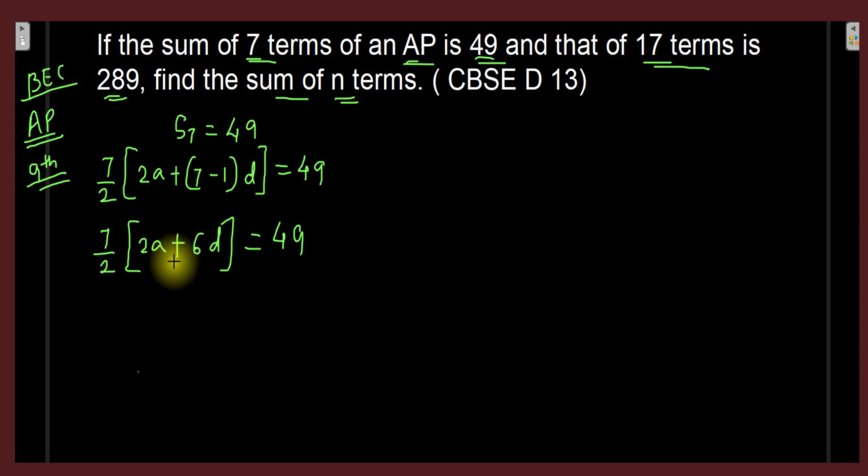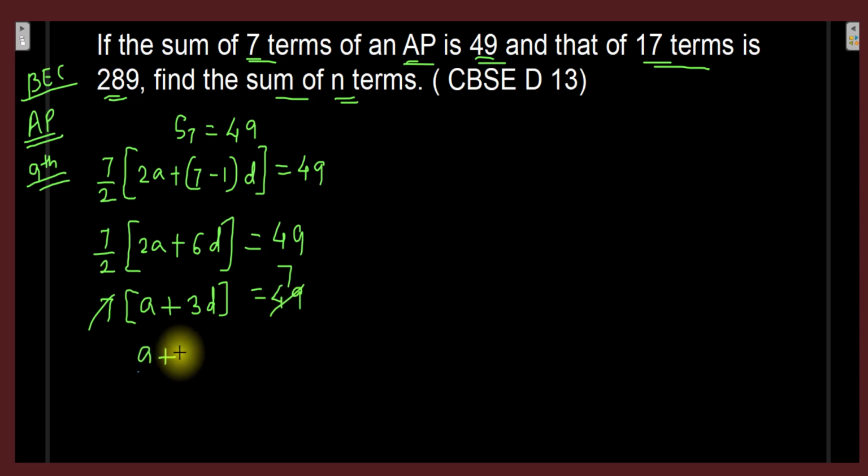Now here 2 is a common factor, so take out 2 as a common factor, and that 2 and this 2 will get cancelled, and it will be 7 into bracket a plus 3d, which is equal to 49. 7 ones are 7, 7 sevens are 49, because if you take 7 to this side, it will go to the denominator and we divide 49 by 7. So it will be a plus 3d equal to 7, and this is the first equation we have got.